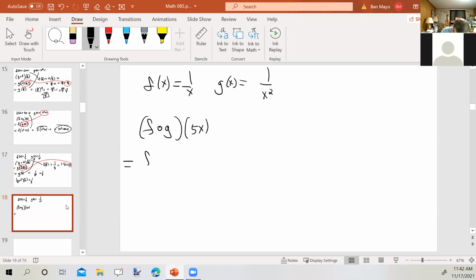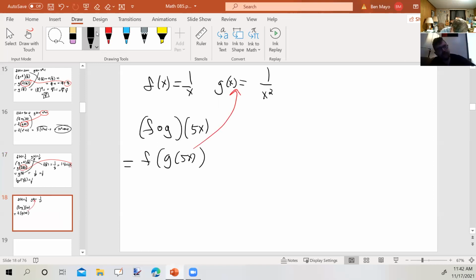So this is equal to f of g of 5x. g of 5x is 1 over 5x, the quantity squared, which is 1 over 25x squared.